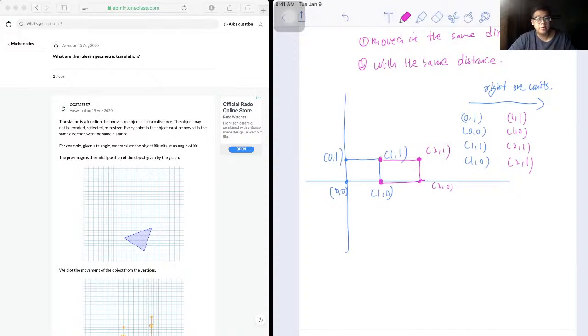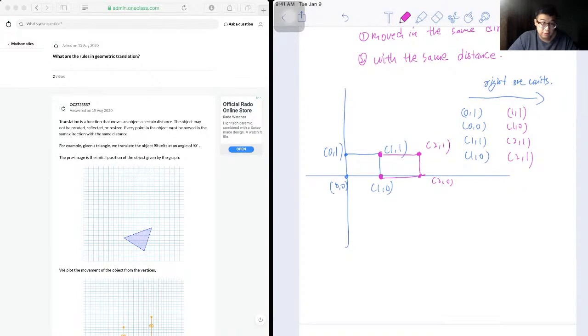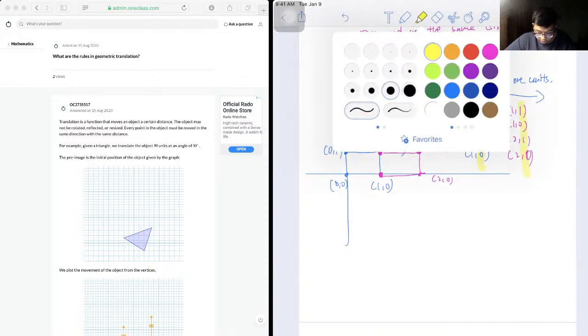So we can see here, if we want to move the square to the right a certain unit, we need to add a certain value to the x coordinate only. Oops, that's a typo. There should be 2 0. As you can see, the y coordinates remain the same. The only thing changed will be the x value.